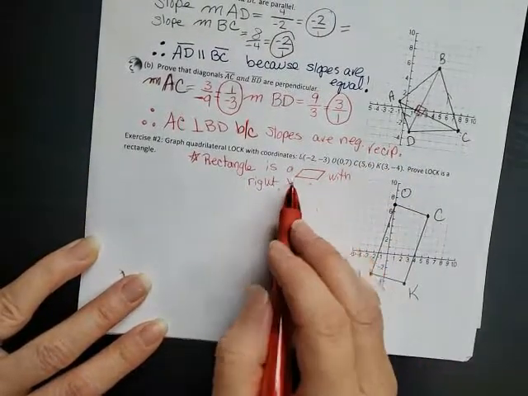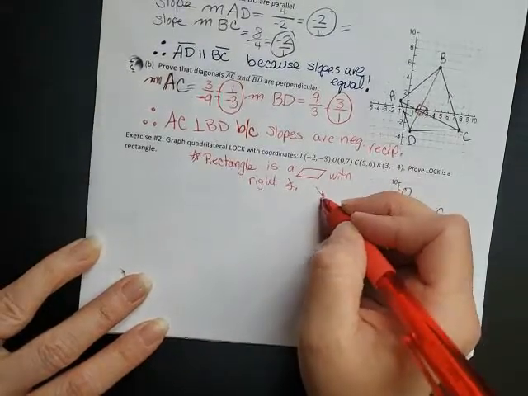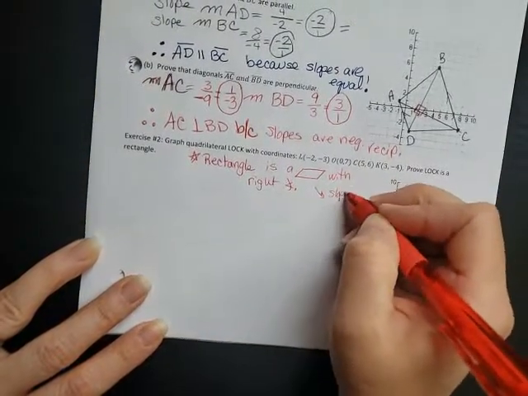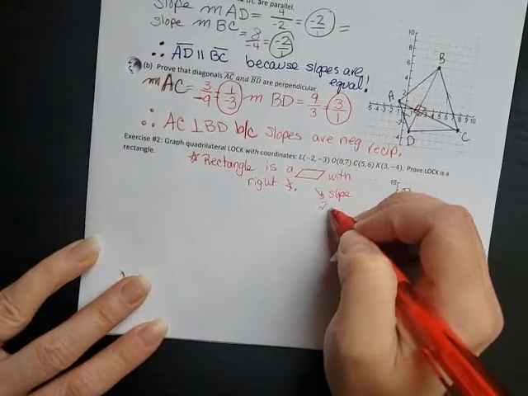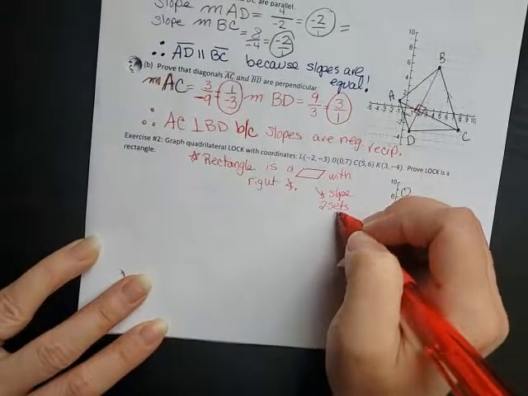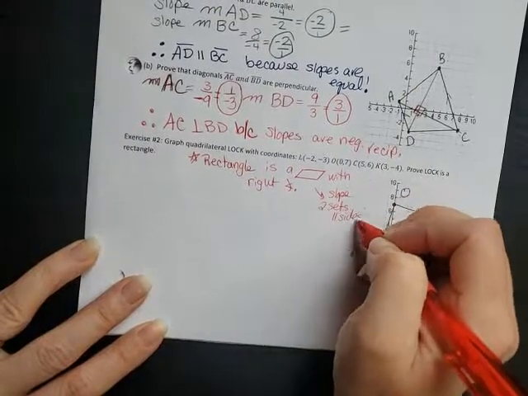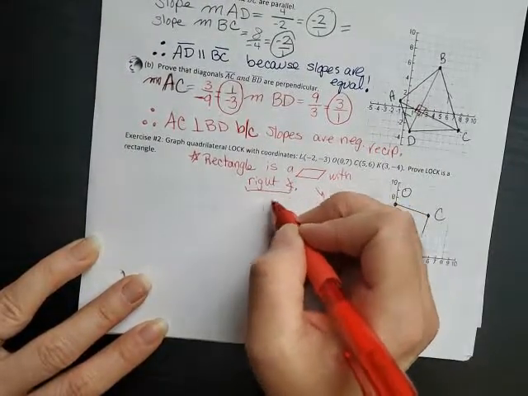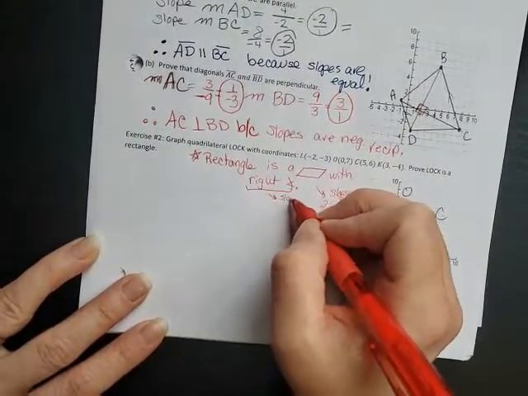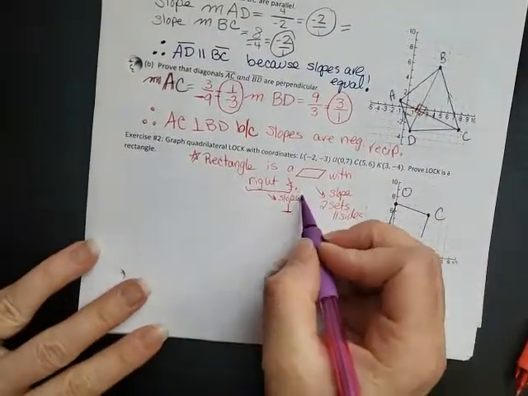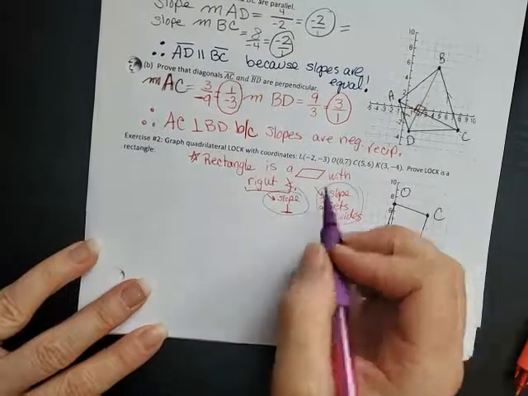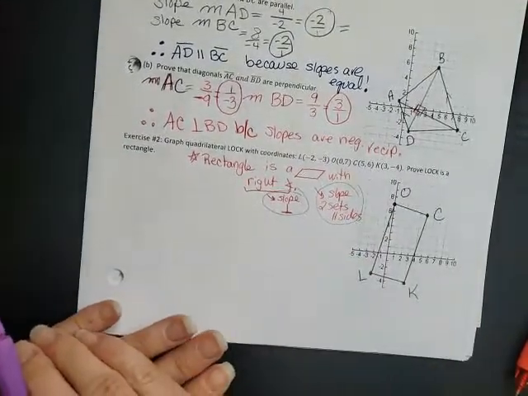So in order to prove something's a parallelogram, we're going to use the slope formula to prove two sets of sides are parallel. Now to prove something's a right angle, we're going to use slope to prove sides are perpendicular. So we really have two ideas here on how to use the slope formula.